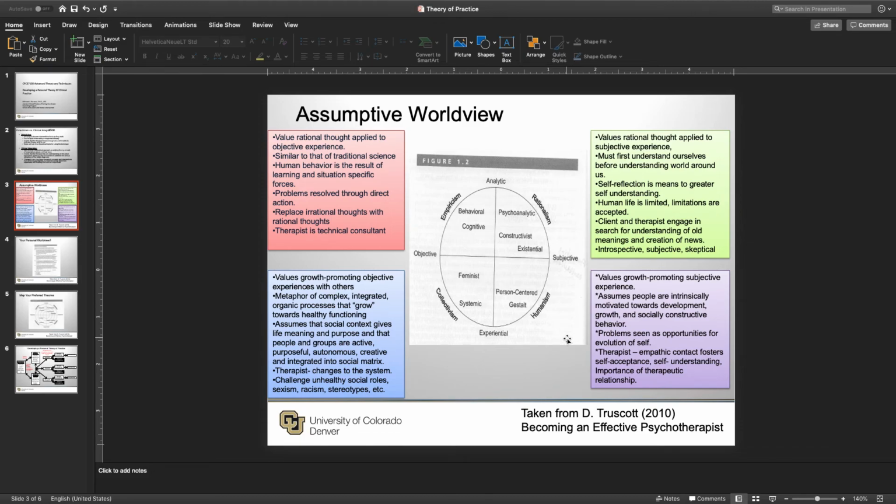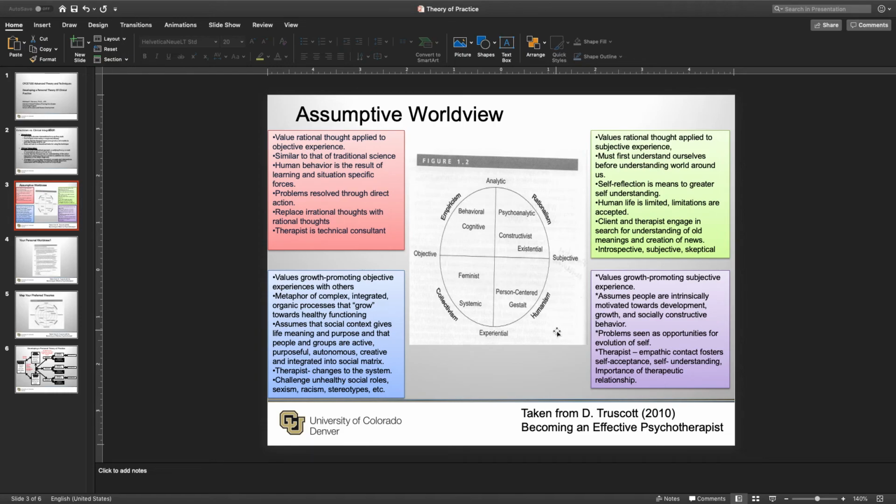When I was a professor and the clinical coordinator, I taught a lot of practicum and internship classes, and very often students would base their theory of practice on person-centered thinking. And very often they would say, well, I'm person-centered and I'm cognitive behavioral.